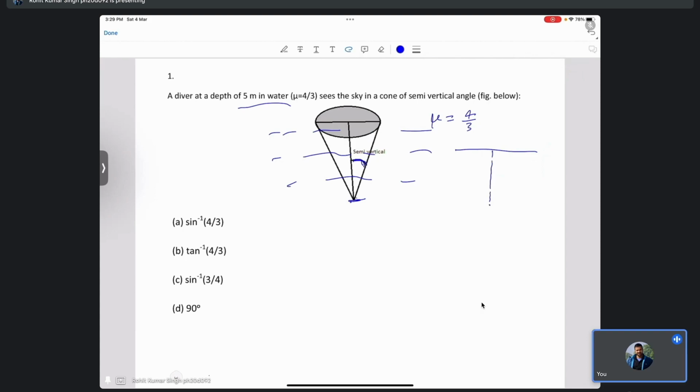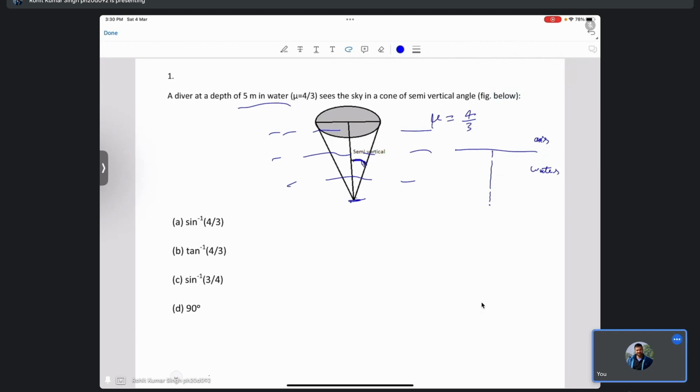Let me give you a hint. You can use Snell's law here, because suppose we have water here, and here we have air, and light is passing from water to air. So something will happen, right?